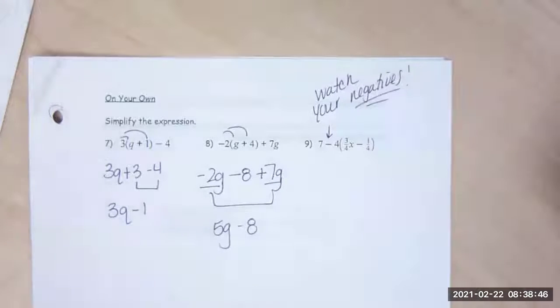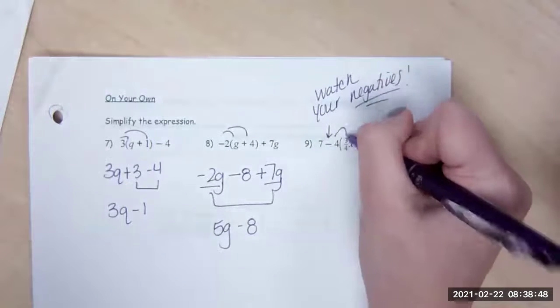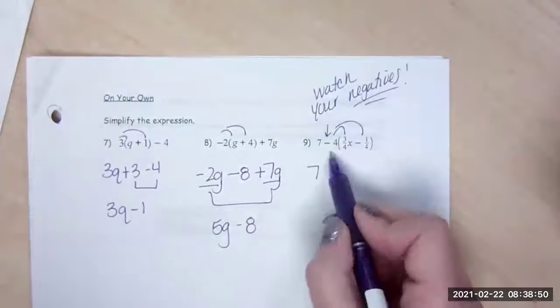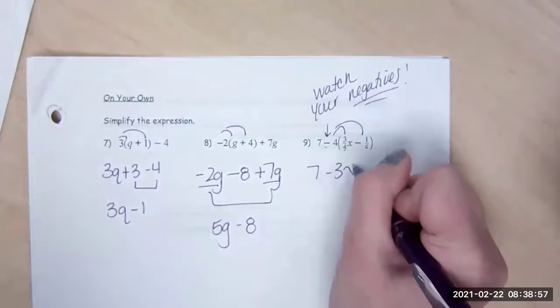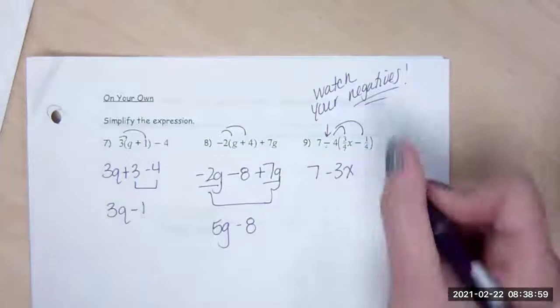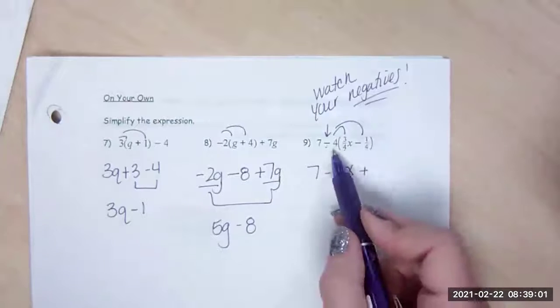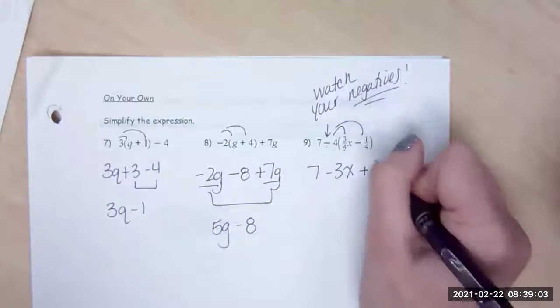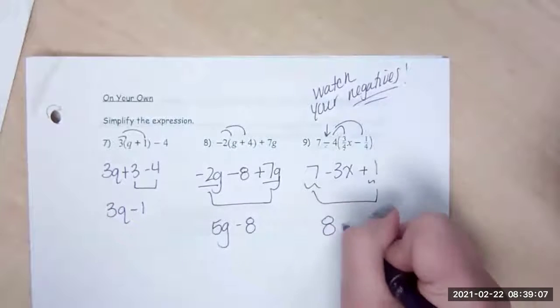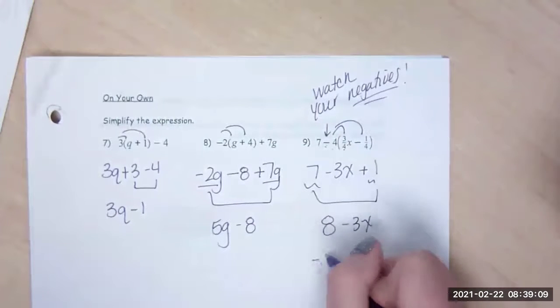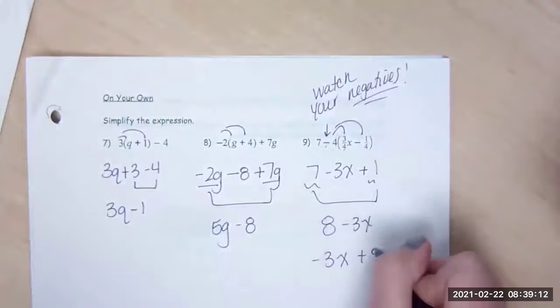We need to make sure we're distributing that negative. So I have 7, negative 4 times 3/4. That gives me 3x. Negative times a negative is positive. 4 times 1/4 is 1. Combine your like terms. So I have 8 minus 3x, or if you rewrote it this way, that's fine.